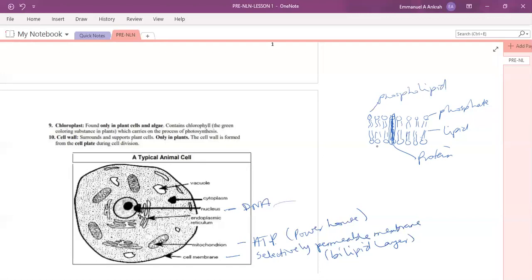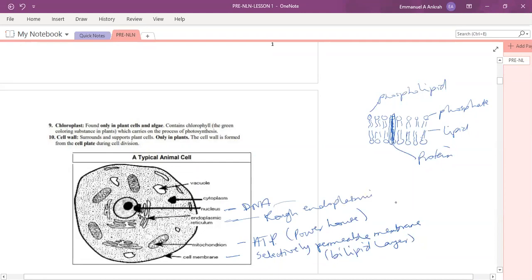And then the endoplasmic reticulum, which I mentioned, the ER is right here. The one that has ribosomes on the surface, we call the rough ER, endoplasmic reticulum.